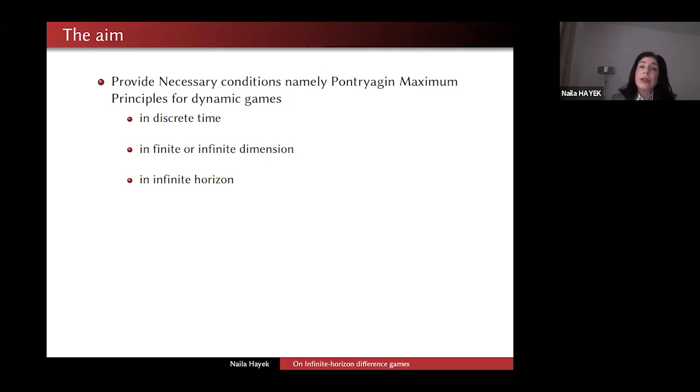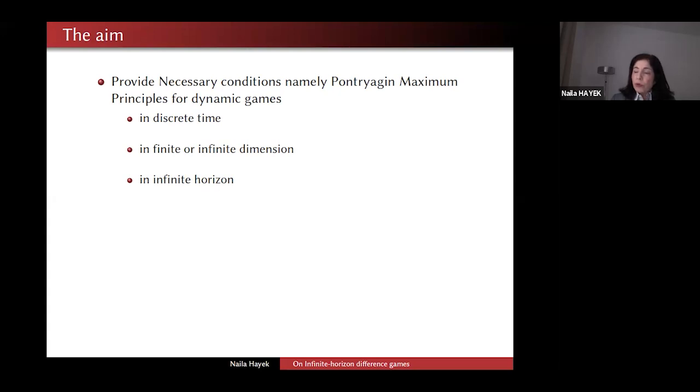Now, the necessary conditions in the form of Pontryagin maximum principles will be of two kinds. There will be conditions called weak Pontryagin maximum principles and conditions called strong Pontryagin maximum principles. This will appear because I will talk in each case of both of them. Very quickly, what is the difference?